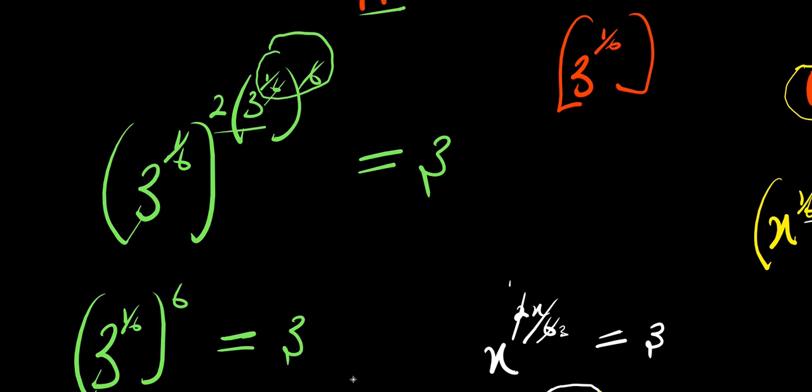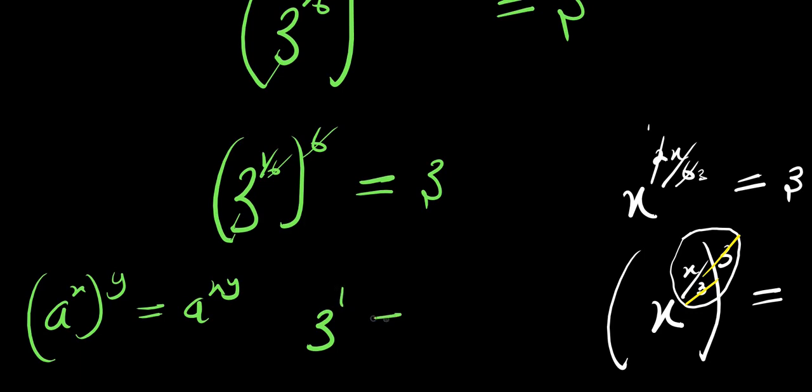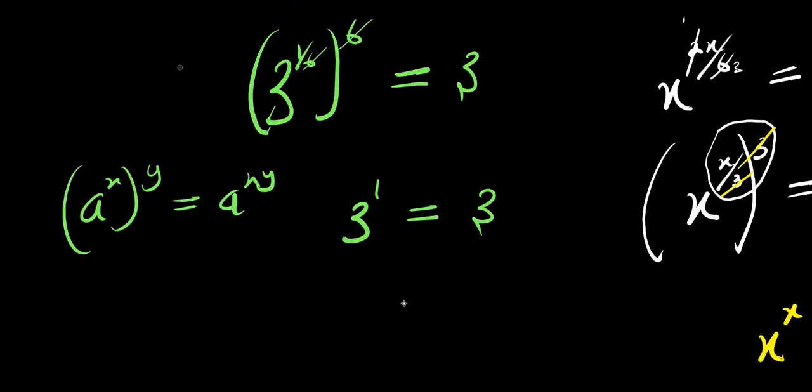Equals 3. We also consider the same identity again. If you have a power x, power y equals a power xy, 6 cancels 6. That means we have 3 power 1 equals 3. And 3 power 1 is 3. We have 3 here equals 3.